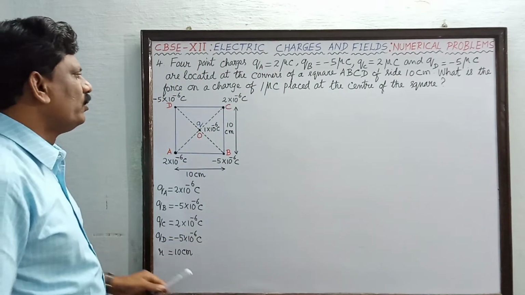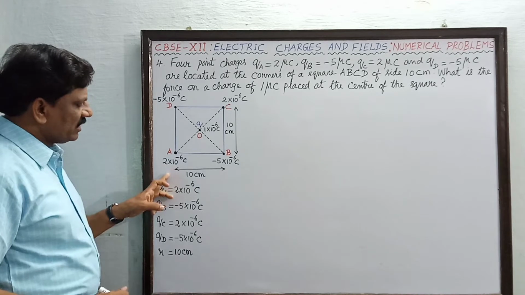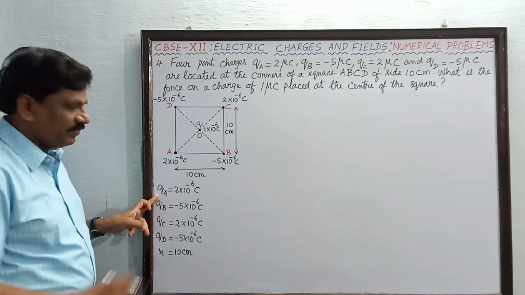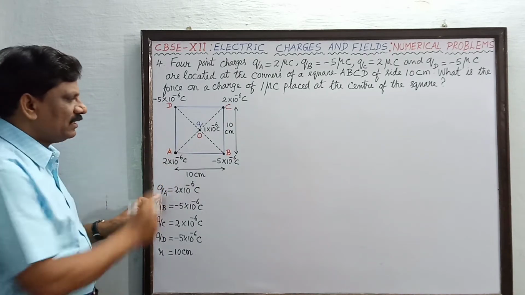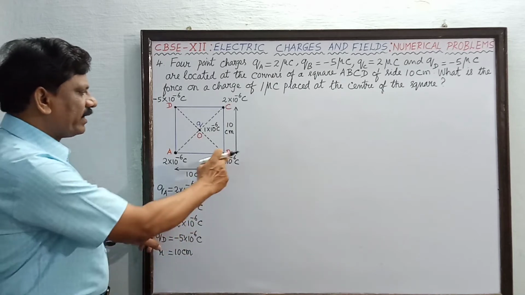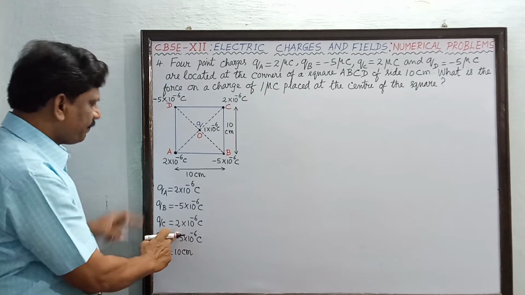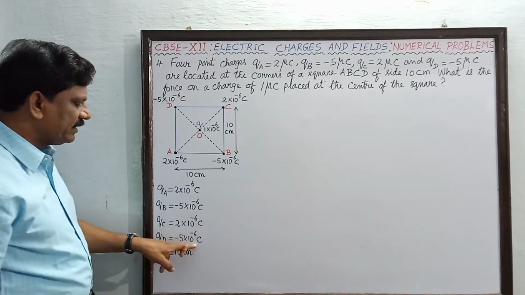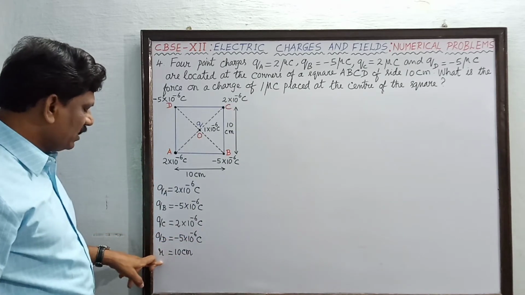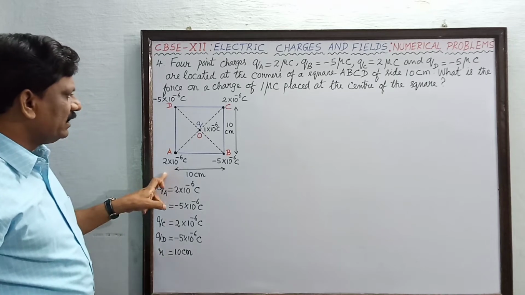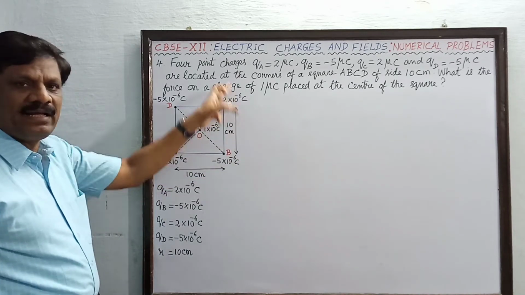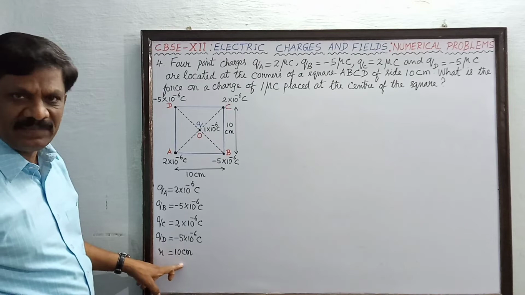Okay students, now you will see here 4 charges I have written. QA located at A, QB located at B, then QC located at C and QD located at D. Now the distance A to B, or the side of the square, is 10 centimeter.